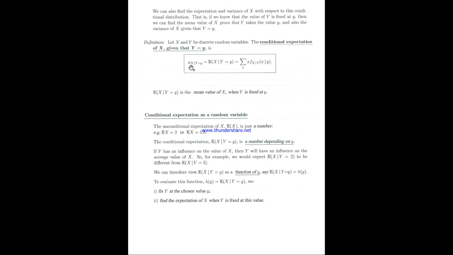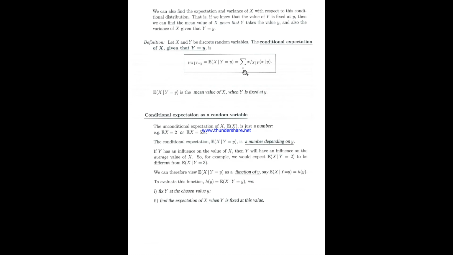That is, we take the expected value of random variable X, given that random variable Y is equal to small y. I can write it as a conditional expectation: the expected value of X given Y is equal to small y.